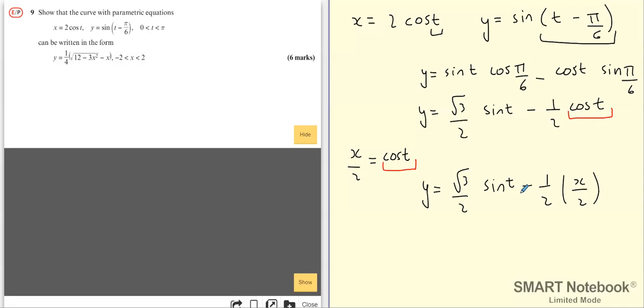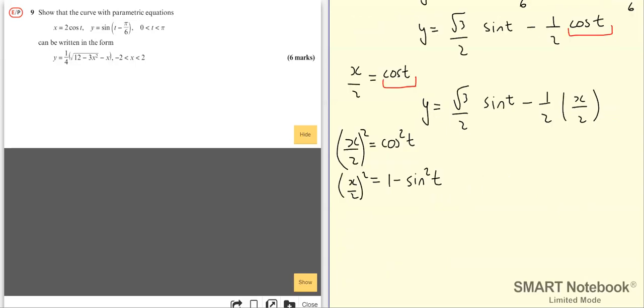Now, by that logic, cos squared t is going to become x over 2 squared, but cos squared t is also 1 minus sine squared t. And so sine squared t equals 1 minus x over 2 squared.